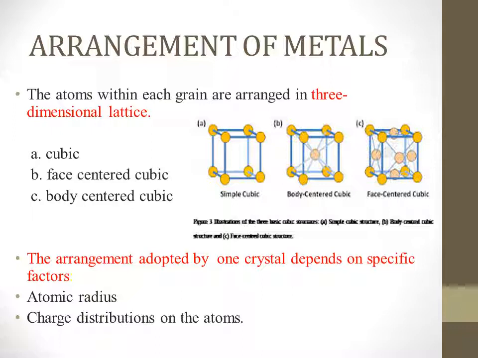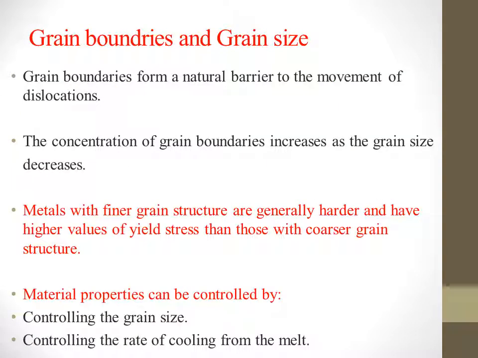The corresponding pictures on the right, A, B, C, correspond to these types: the cubic form, the face-centered, and the body-centered. The arrangement adopted by the crystal depends on factors like the atomic radius, the charge distribution, and other factors that give rise to its crystalline structure.